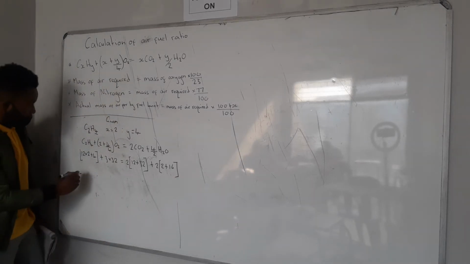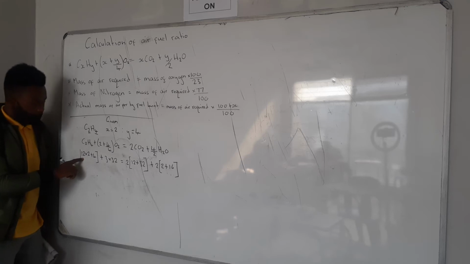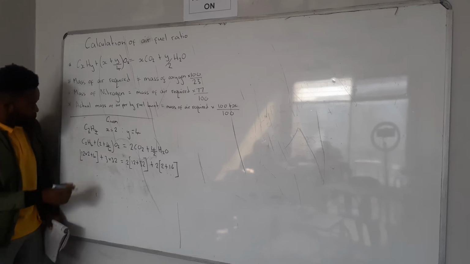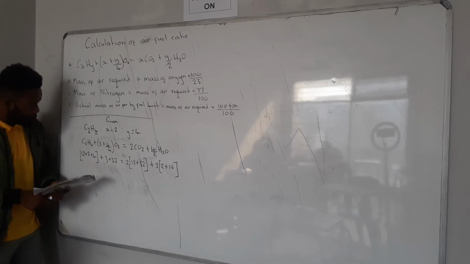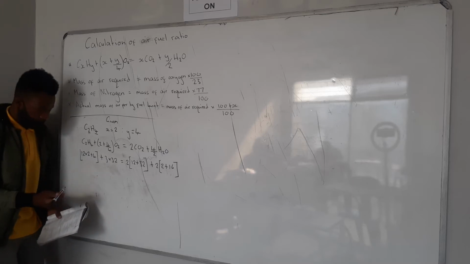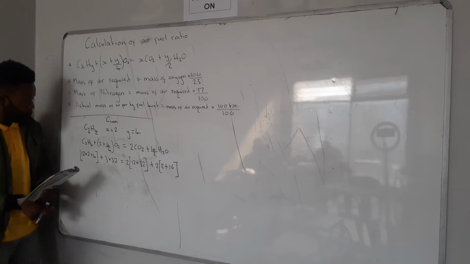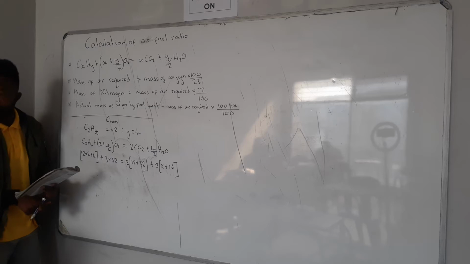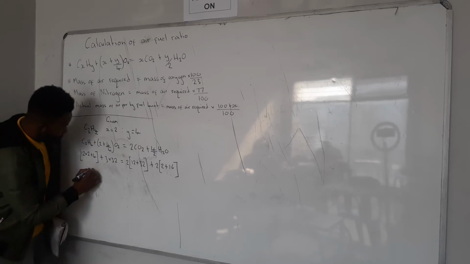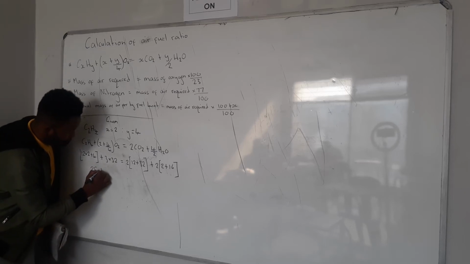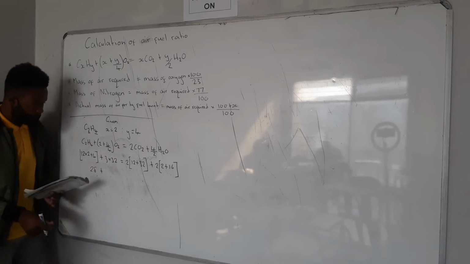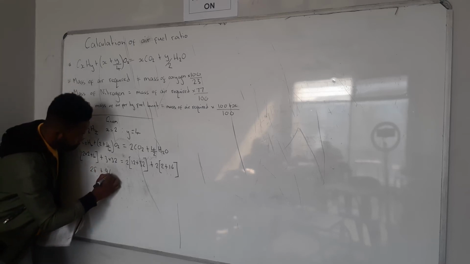Here I have 16, né? So it's going to be 12 times 2, which is 24, plus 4, 28. Okay, plus here 96.